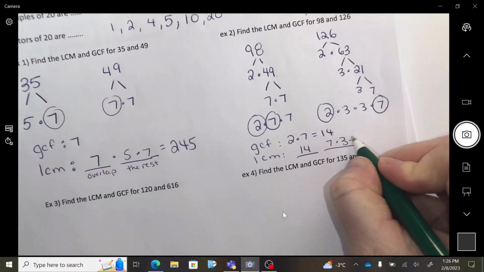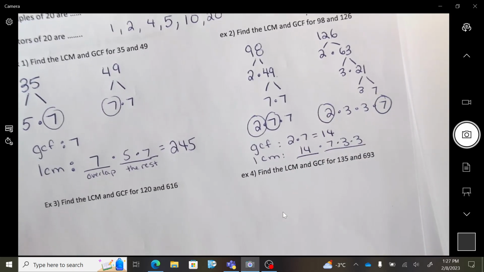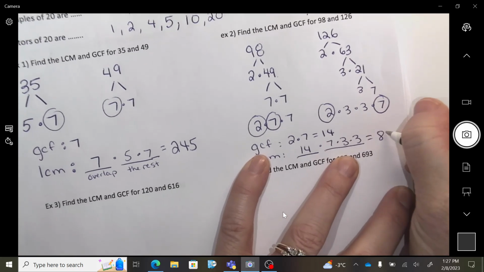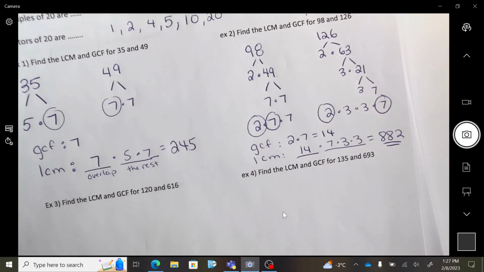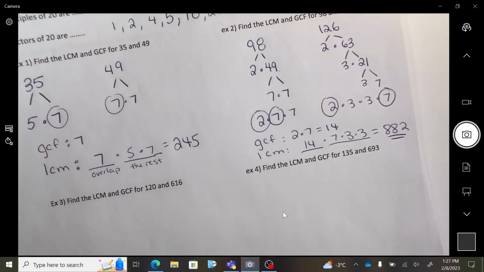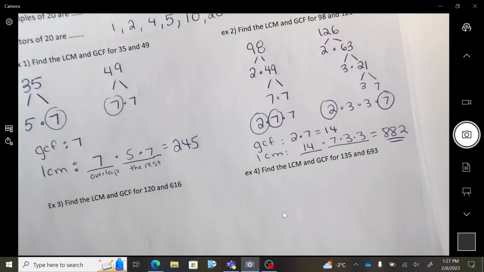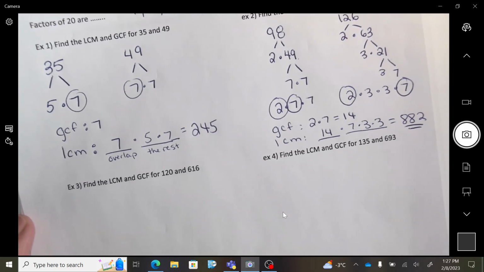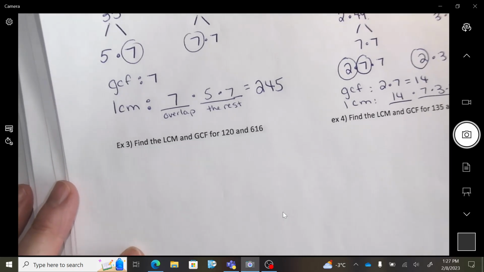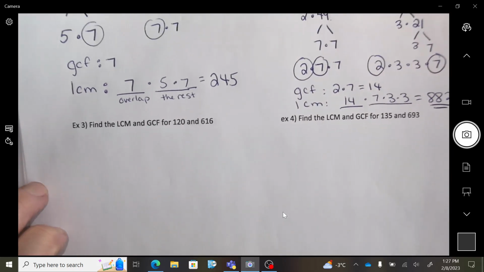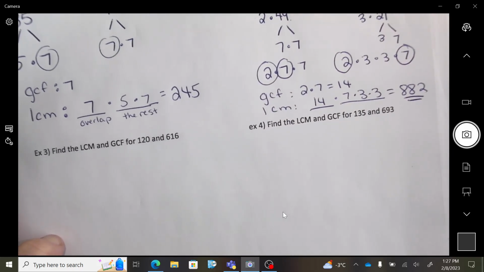The leftovers. Okay, is that okay? 888, that's what we're getting.